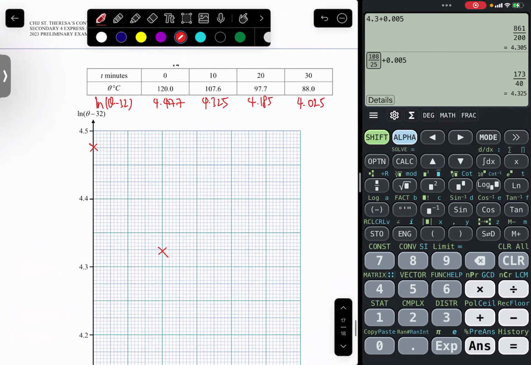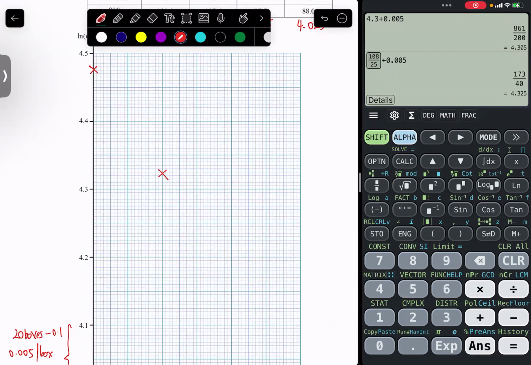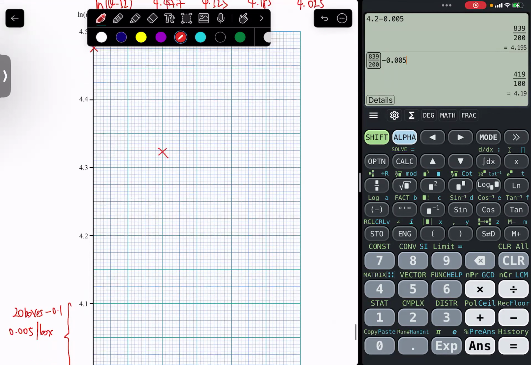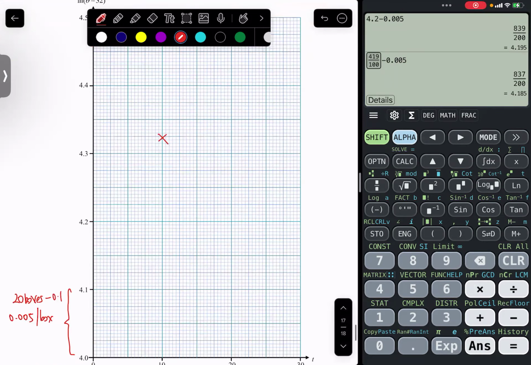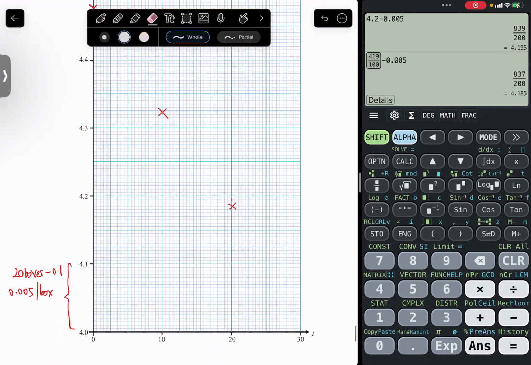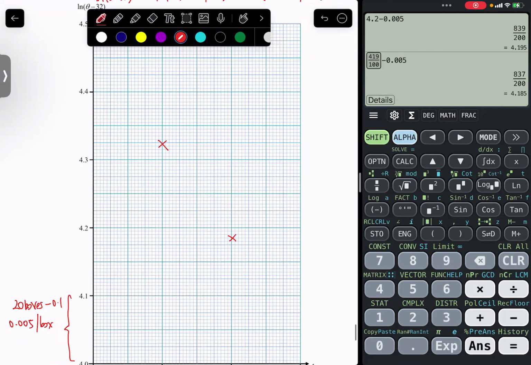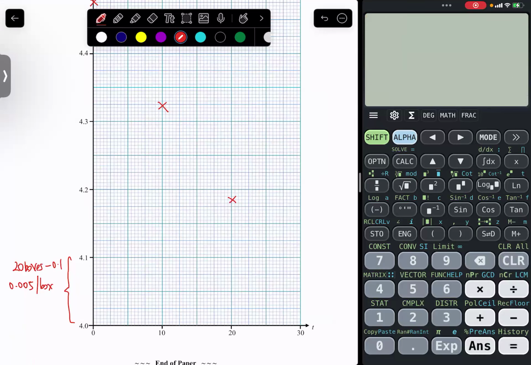Then we have 4.185. So 4.185 is 4.2 minus 3 blocks, 1, 2, 3. Then the last point is 4.025, so that is 5 blocks.